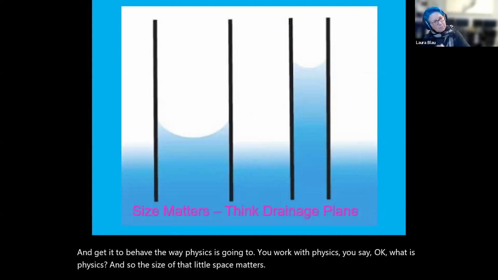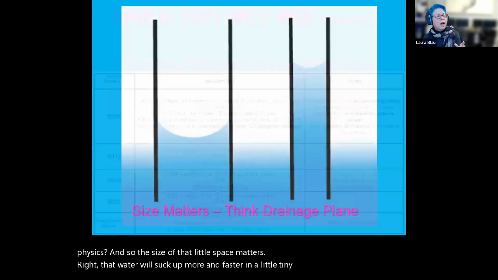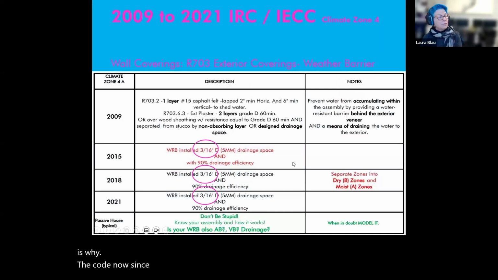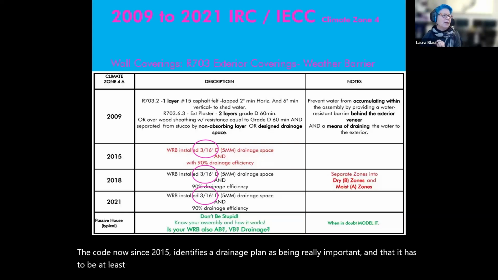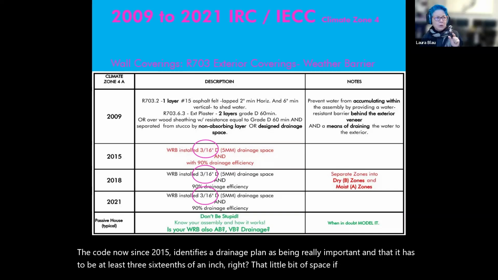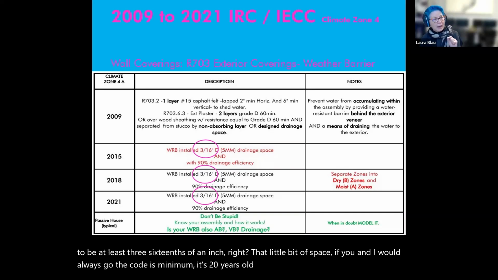That water will suck up more and faster in a little tiny space than a bigger space, which is why the code now, since 2015, identifies a drainage plan as being really important, and that it has to be at least 3/16 of an inch, right? That little bit of space. And I would always go, the code is minimum, it's 20 years old, it's minimum, and try to go beyond code.